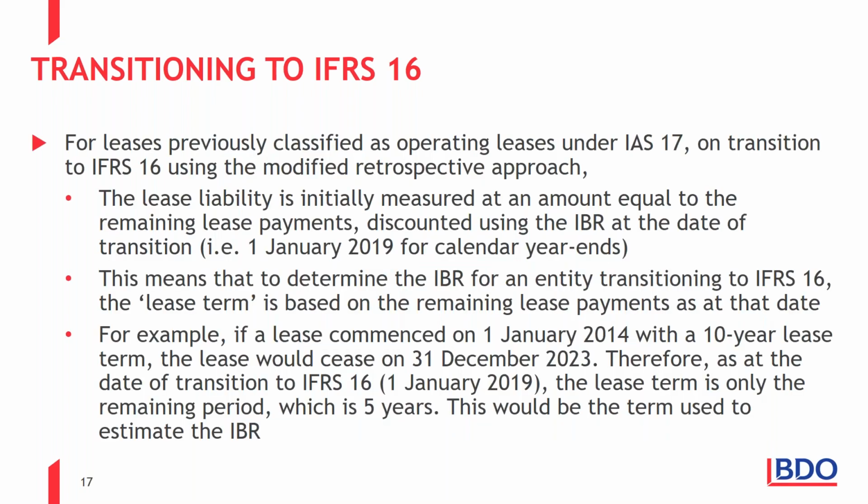On this slide, I wanted to explain maybe a practical situation. If you've previously had operating leases that were accounted under AASB 117 or IAS 17, and on transition, you use this modified retrospective approach, the lease liability is initially measured at an amount equal to the remaining lease payments in future. And you discount it using an incremental borrowing rate at the date of transition.